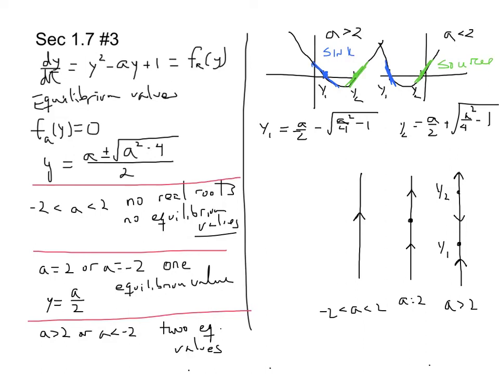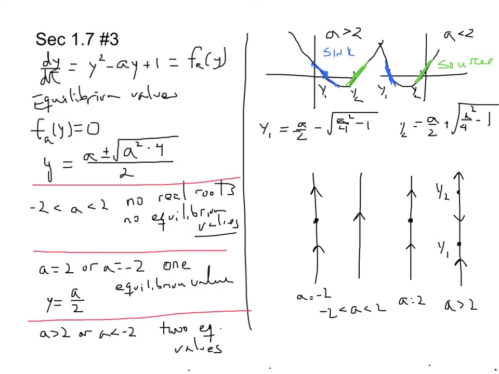On the other side, when a is equal to minus 2, similarly, I have a single equilibrium value that's a node, but my values are still increasing. Increasing on both sides.